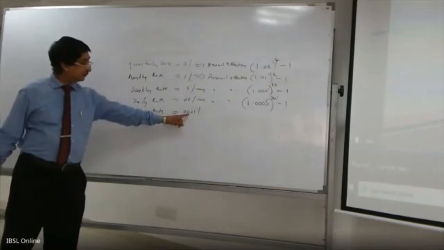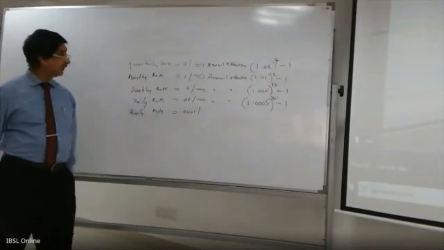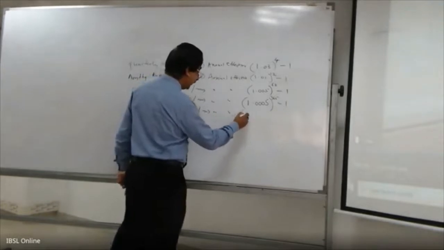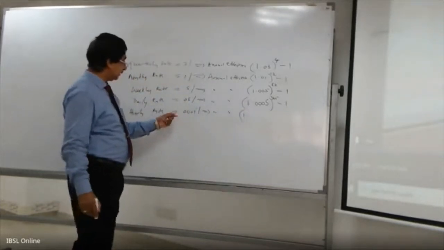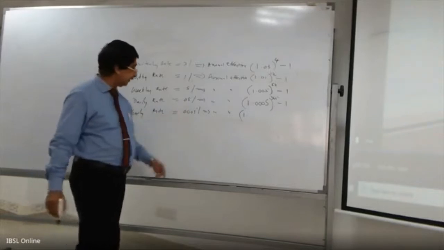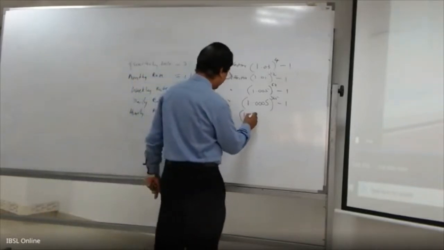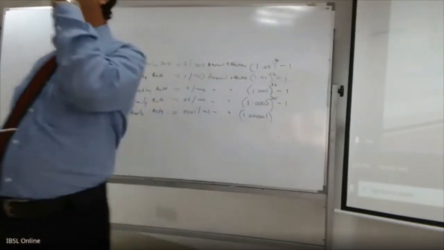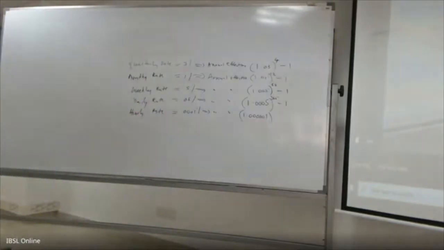There are 1, 2, 3 zeros. So how can we put it there? Annual effective rate 1 point. You have to add 2 zeros in front, right? Then it will be 1.000001. To the power what? To the power what? Yeah, 365 into 24.